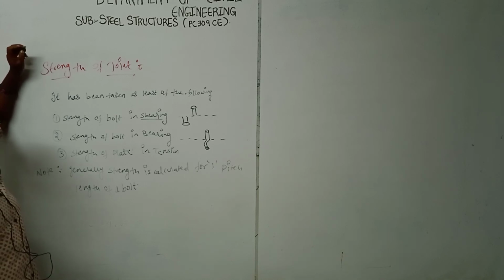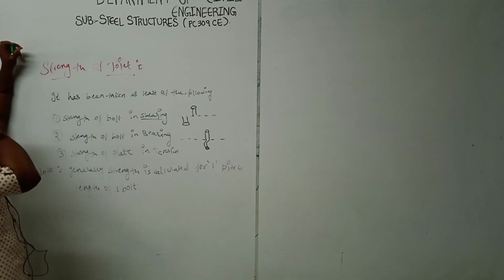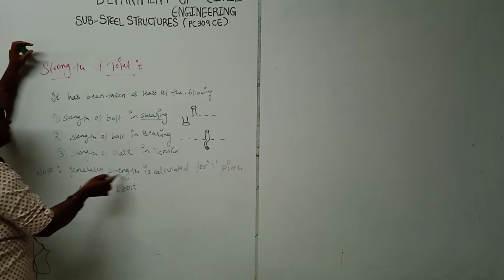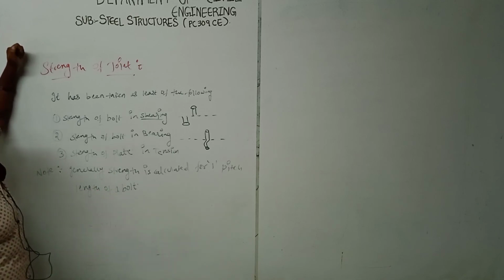If we take the minimum value, we can reach up to the maximum load, so that is the purpose we are taking the least value here. Generally the strength is calculated for one pitch length of the bolt, right.